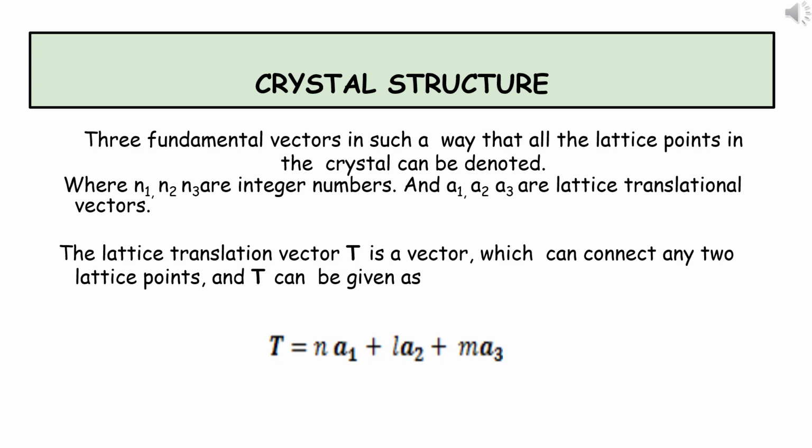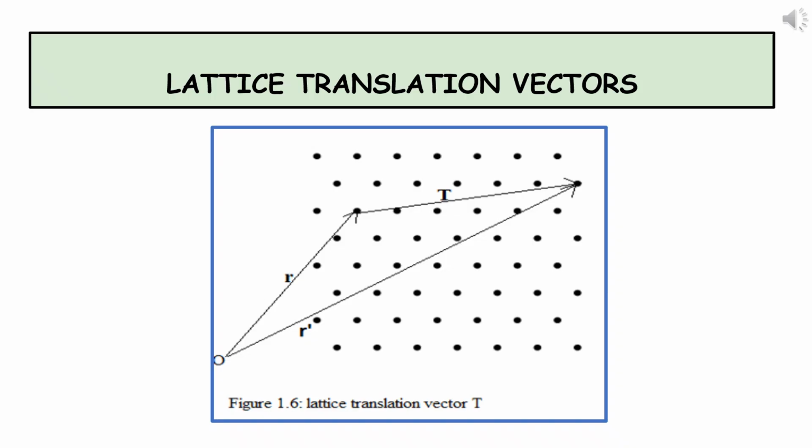The lattice translational vector T is a vector which can connect any two lattice points, and T is given by n a1 plus l a2 plus m a3. This is a diagrammatic representation of the formula that we studied in the previous slide. Have a close look.